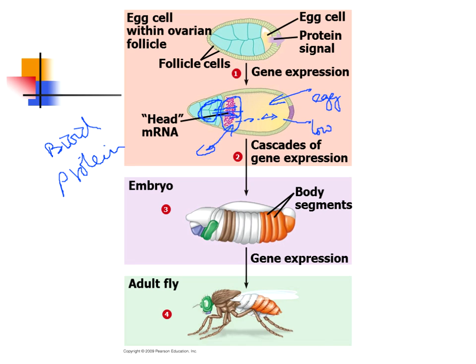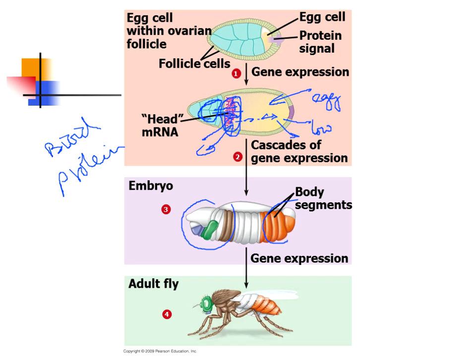After the egg is fertilized, the messenger RNA is translated into the bicoid protein. And so you get more bicoid protein on this end and less bicoid protein on this end. And that's what determines the placement of the head and the tail.